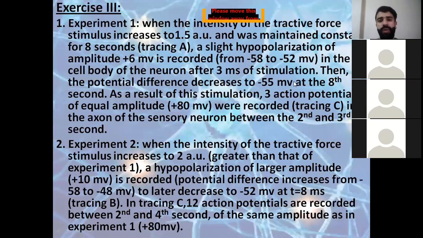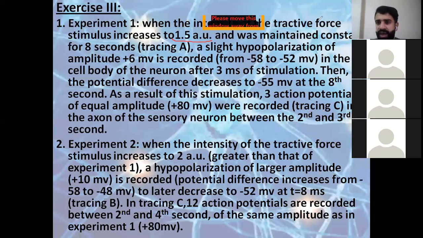First of all, what do we have? In experiment 1, when the intensity of the traction force or the stretching of the muscle increases to about 1.5 AU, it was constant for about 8 seconds.